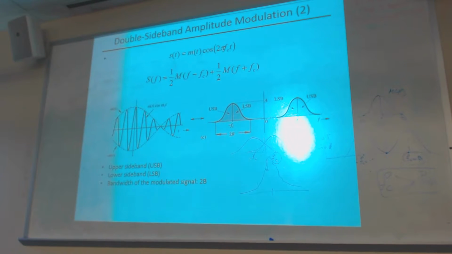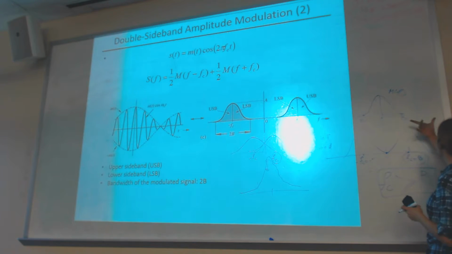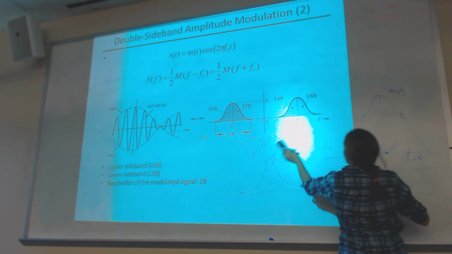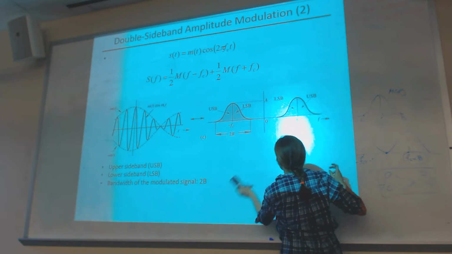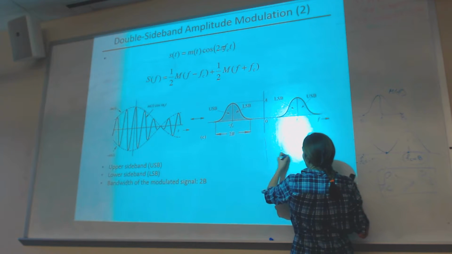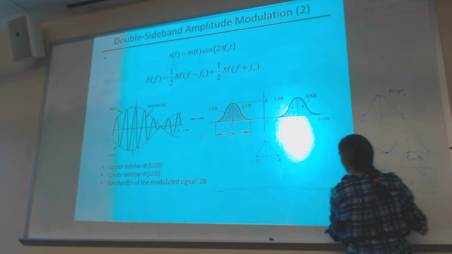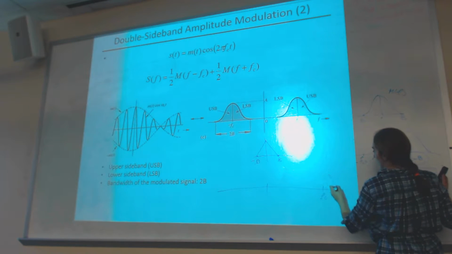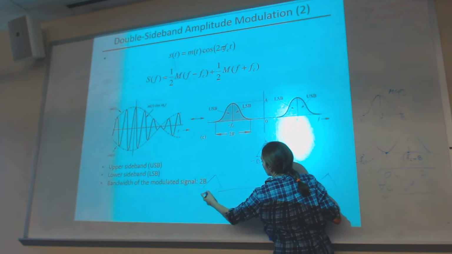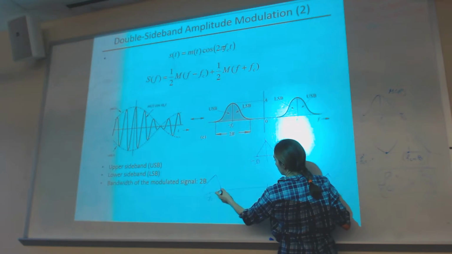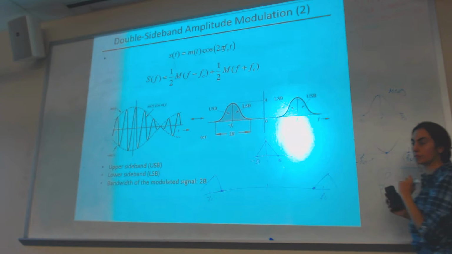So this is the original spectrum. After the AM modulation, it's going to be shifted to the right and left. If my f_c, the carrier frequency, is large enough, I'm not worried about any collision, because these two points are far away from each other.